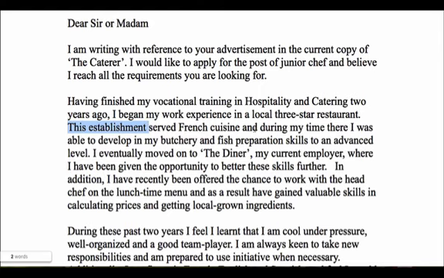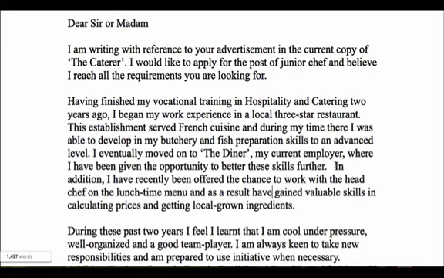Then later in the same sentence we see during my time there, which is another way to refer back to this period. Then a little further in the paragraph we see the use of a relative clause, beginning where I've been given the opportunity. This structure links the ideas of moving to a new restaurant with the work the person did in the restaurant.